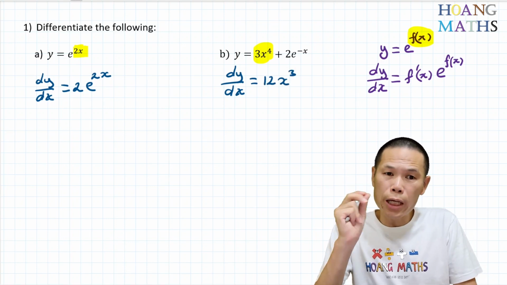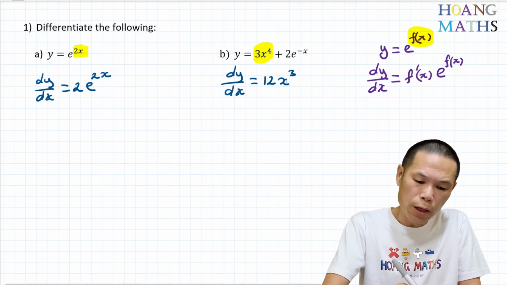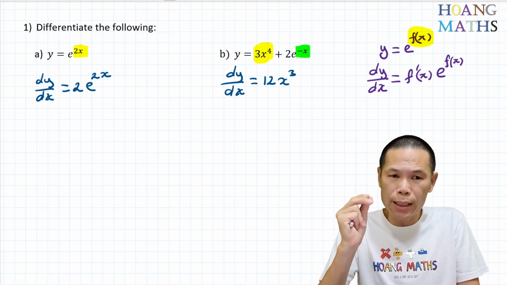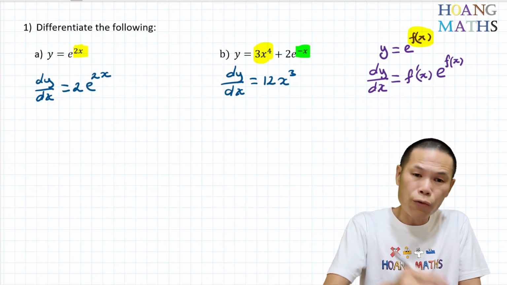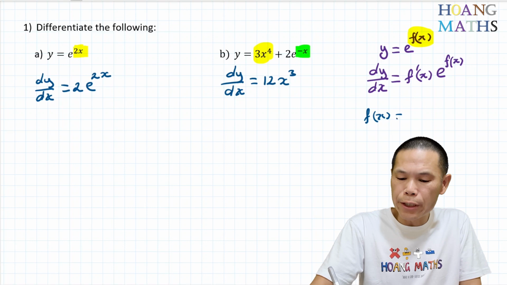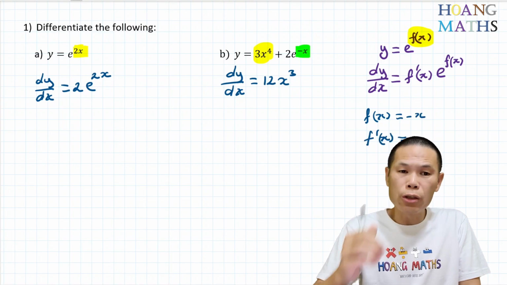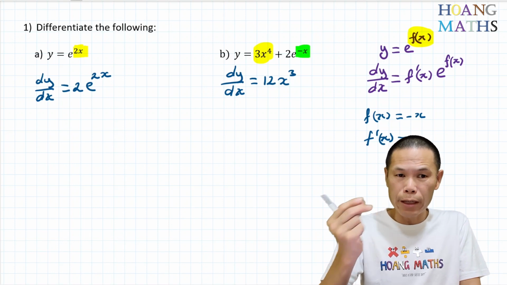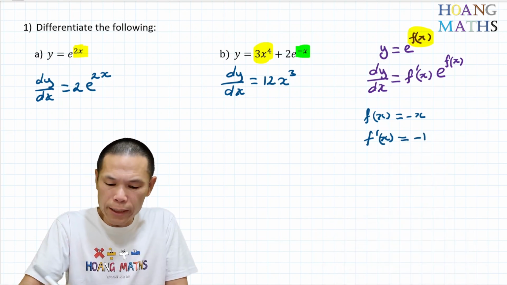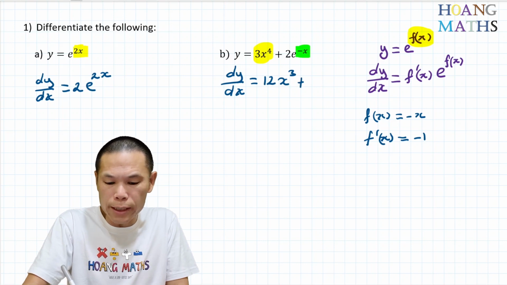Now to differentiate 2e to the power of negative x, of course, we differentiate negative x first, because f(x) is negative x. So f dash x: differentiate x is 1, but negative x is negative 1. Therefore f dash x is negative 1.